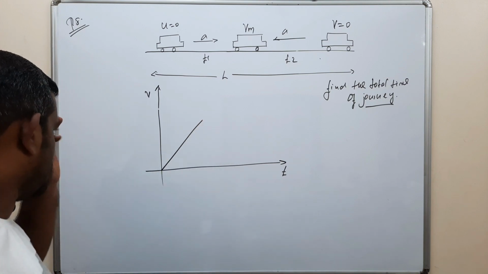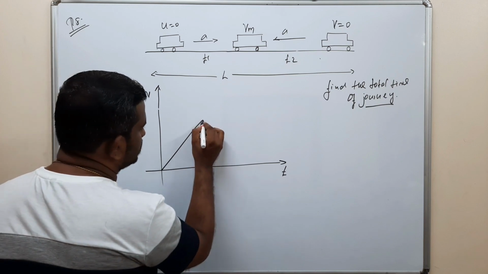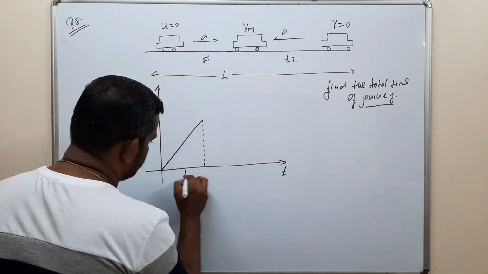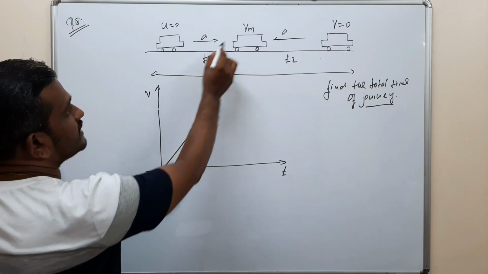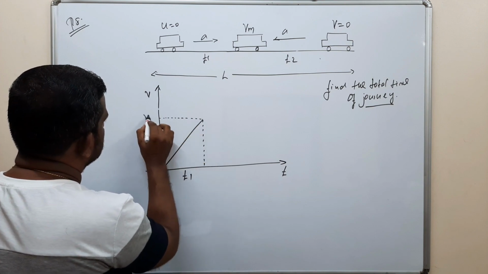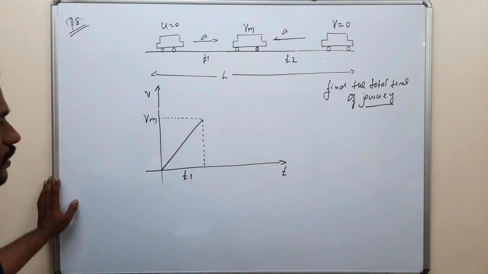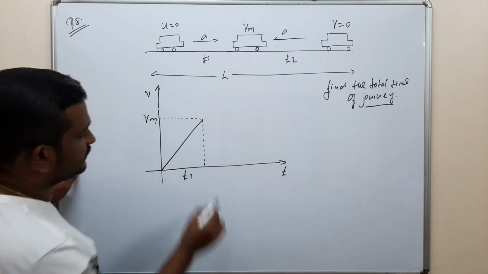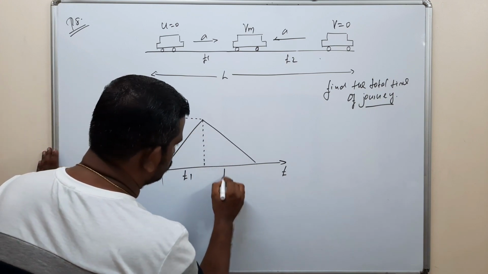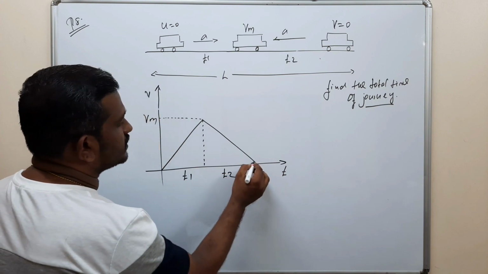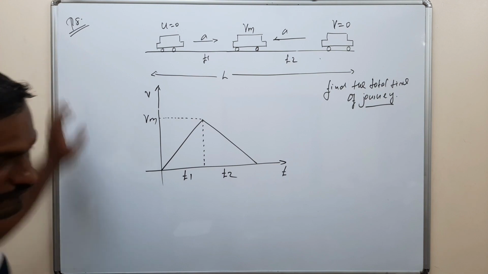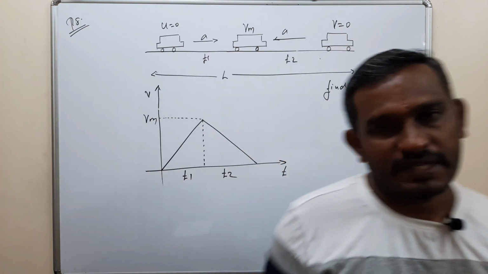After time t1 it reaches a maximum velocity Vm. After that it decelerates, and after time t2 it comes to rest, that is velocity 0.